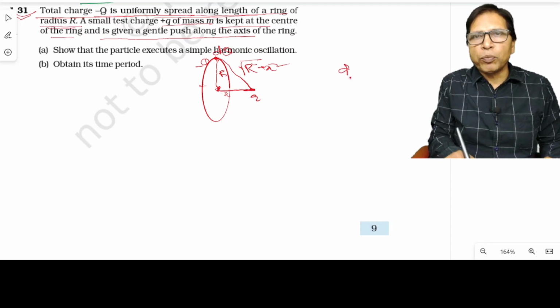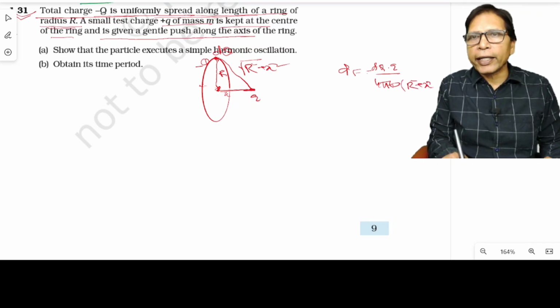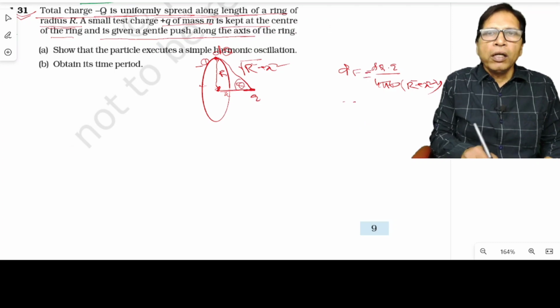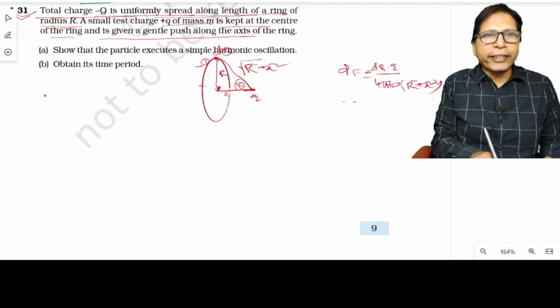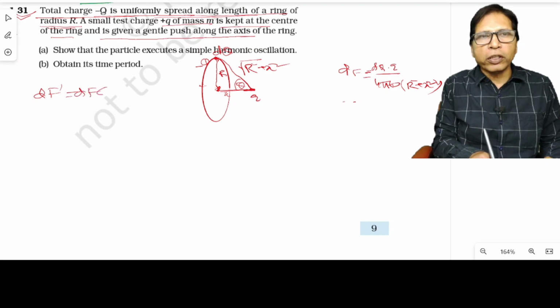So force dF equals dq into q divided by 4 pi epsilon naught into r square plus x square. Now the net force, dF dash, equals dF cos theta.